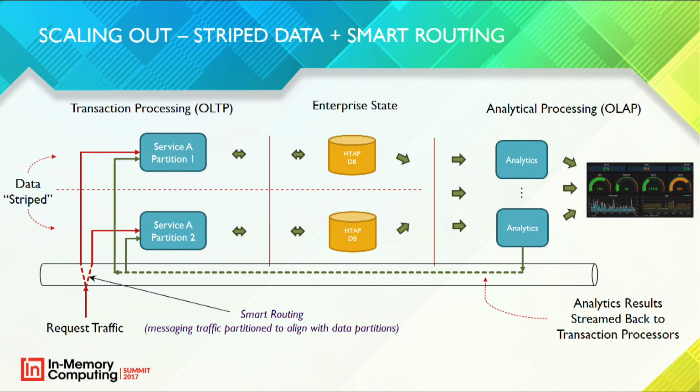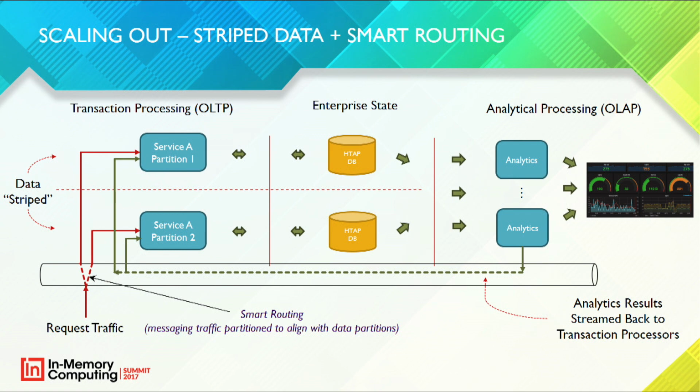But it means that as I have more sessions coming into my e-commerce site, I can now split that traffic and scale horizontally, right? So I need to be able to scale and stripe my data to reduce contention on the database. Now, in this diagram, I'm showing two HTAP databases kind of being sharded.